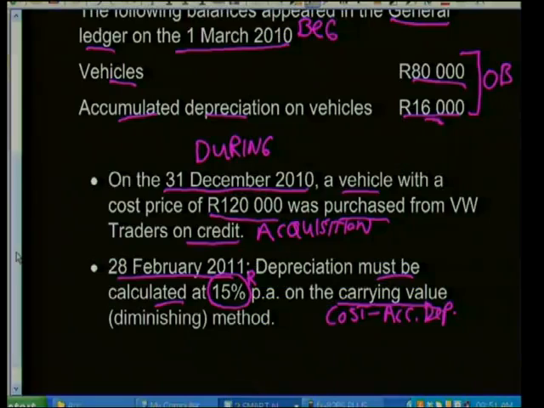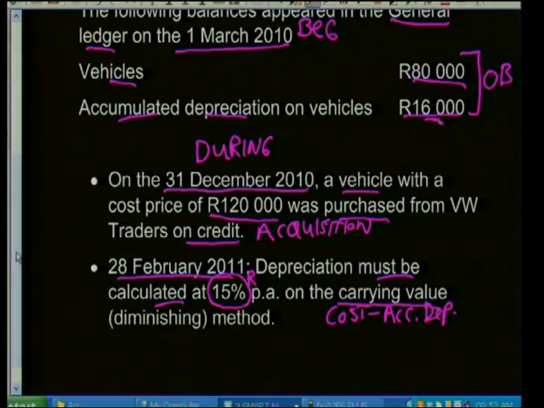We're now ready to go to the actual transactions. So back to my info. Okay, done with the opening balances, and let's go to the first bit of additional information. On the 31st of December 2010, during the financial year, a vehicle with a cost price of 120,000 was purchased from VW Traders on credit.